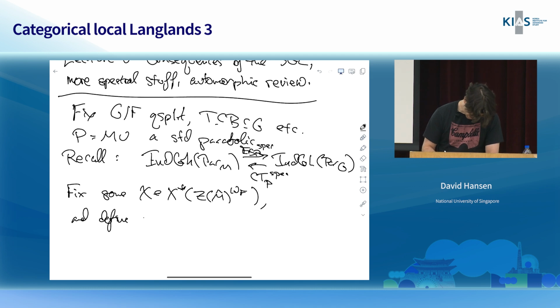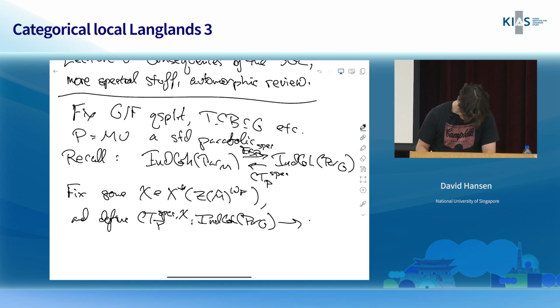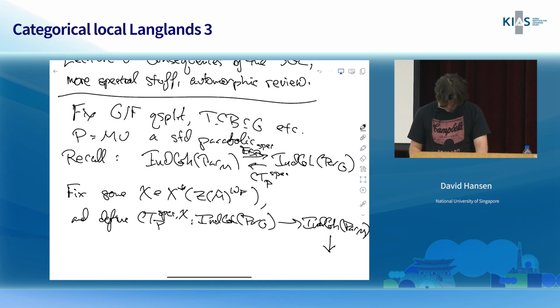And so we'll define the chi part of this functor, CT P spec chi, going from Ind-Coh of Par G to Ind-Coh of Par M. And then we saw yesterday that the target here will have this grading by characters of the Galois invariant center, right? And so you can just project anything you want onto its chi-graded part.